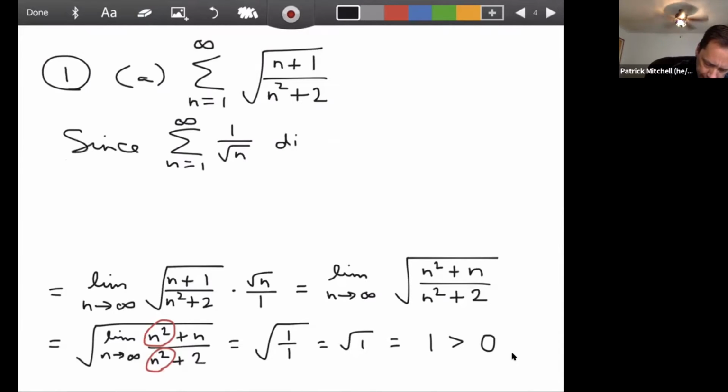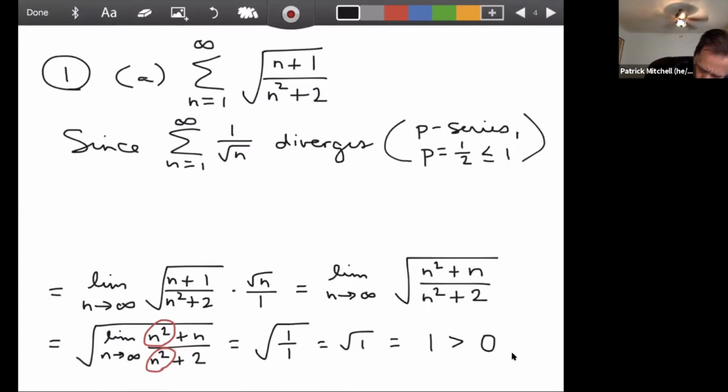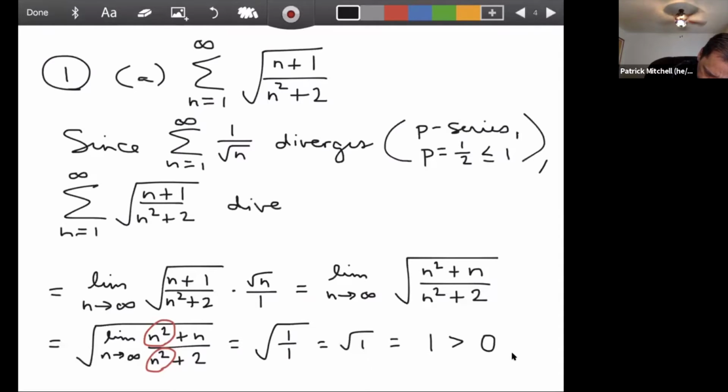We know that series diverges because it is a p-series with p equal to 1/2, which is less than or equal to 1. That means that the given series, n going from 1 to infinity of the square root of n plus 1 over n squared plus 2, also diverges by the limit comparison test.